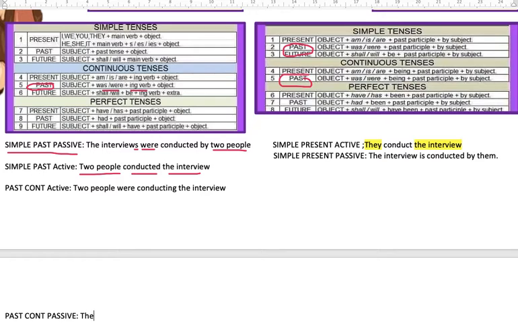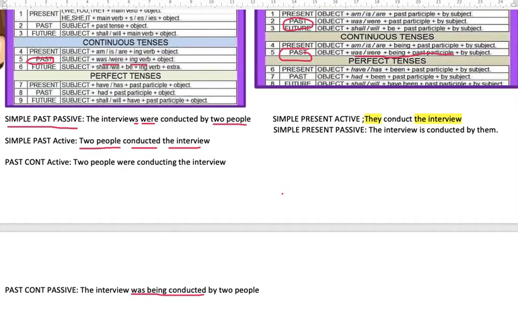So the interview was being conducted by two people. Was being conducted. Was or were plus being plus participle. I hope you can get the concept.